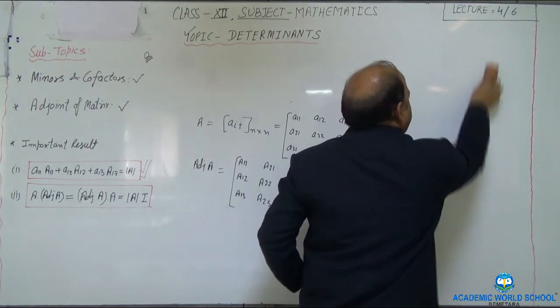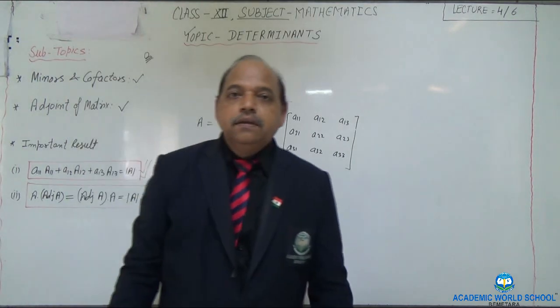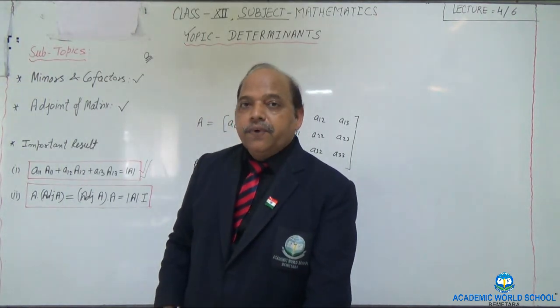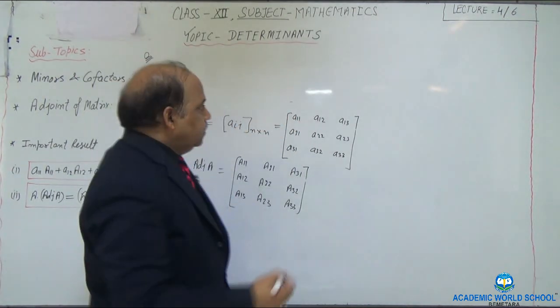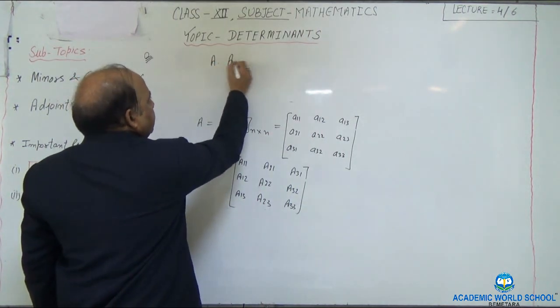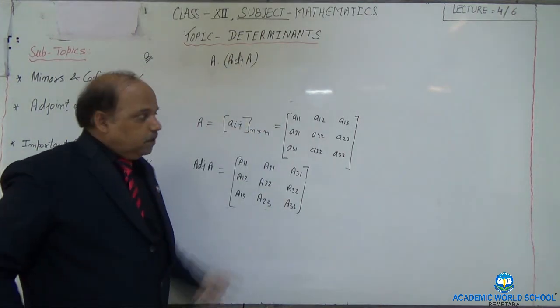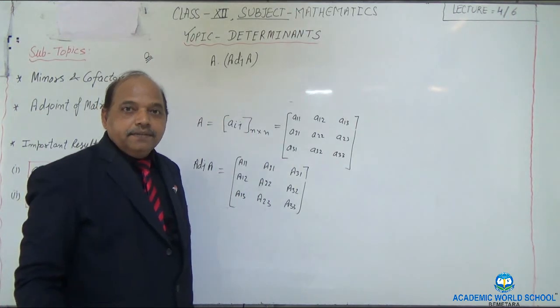You can multiply two matrices provided the number of columns in the first equals the number of rows in the second. That's the rule. I want to multiply A by the adjoint of A. Be very careful, it requires a little patience also.